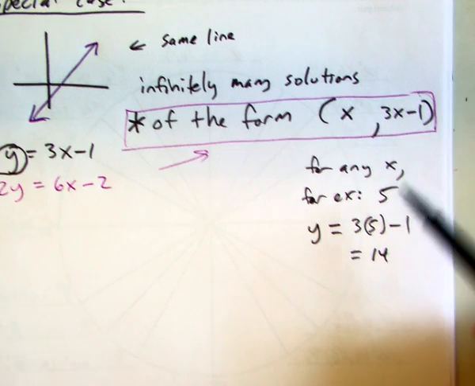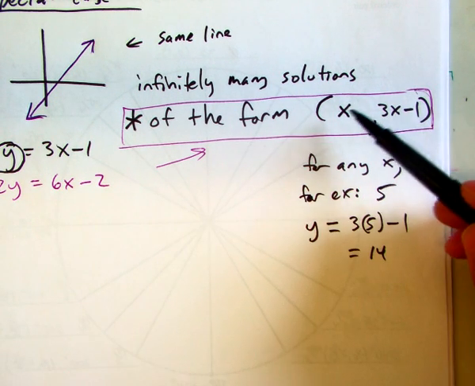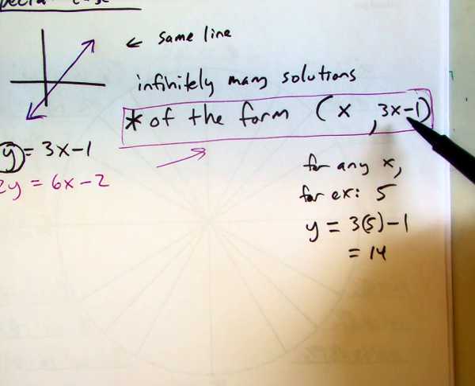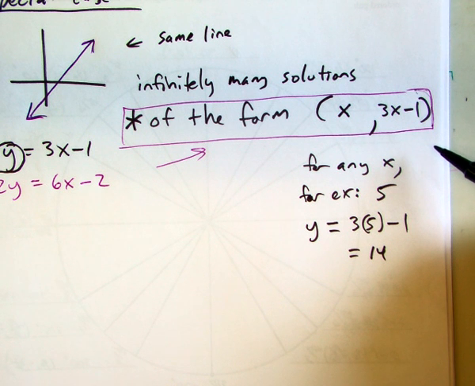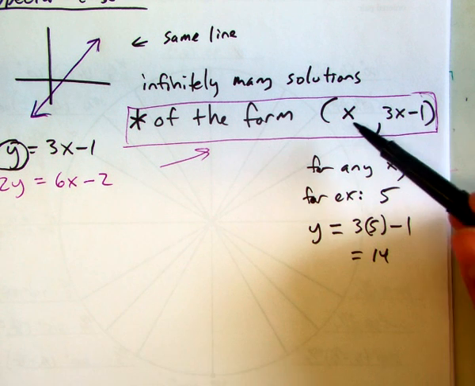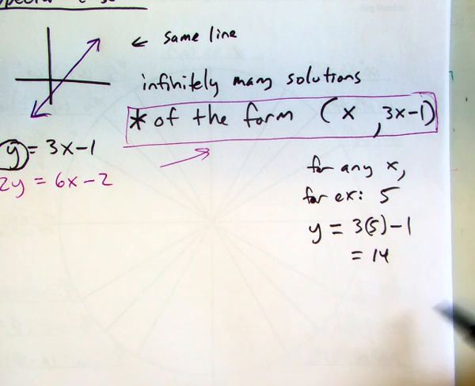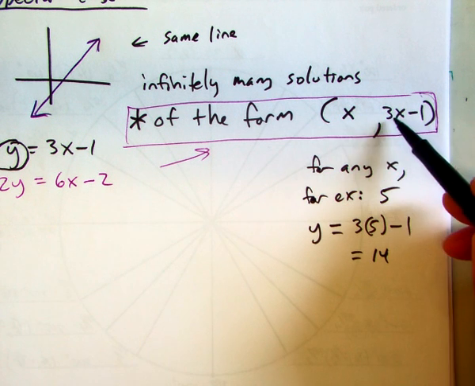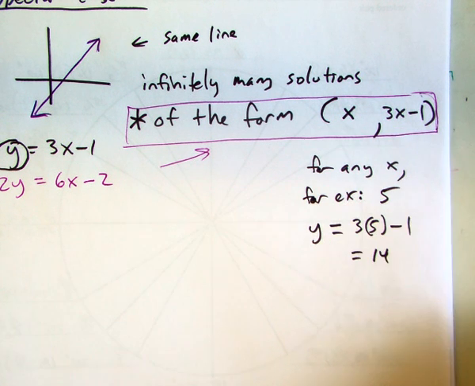So this is exactly what this means. This means you can pick whatever number you want for x as long as y is related to x by multiplying it by 3 and subtracting 1, which is a lot better description than just saying, oh, well, there's a lot of answers for this. Does that make sense? This says there's a lot of answers, and here's what they look like. You could have 5, 14. If you wanted to plug in 3 to get the y, you'd multiply it by 3, subtract 1. You guys get the idea. Okay? Any questions on how to work with that format?